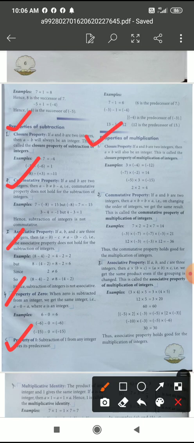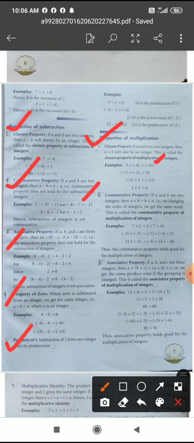Then properties of multiplication. First one is closure property. If a and b are two integers, then a multiply b is also an integer. For example, 3 multiply minus 4 equal to minus 12. Here minus 12 is an integer.